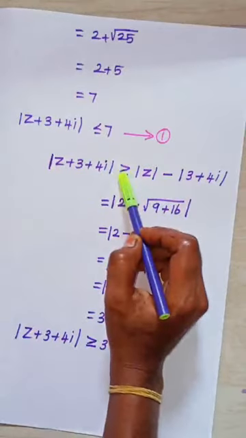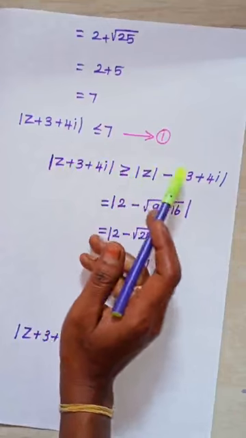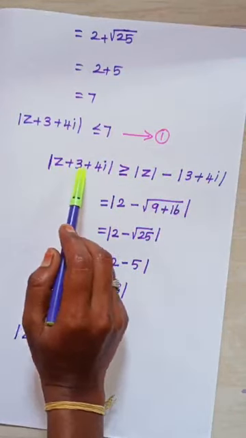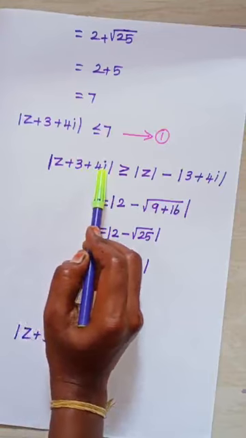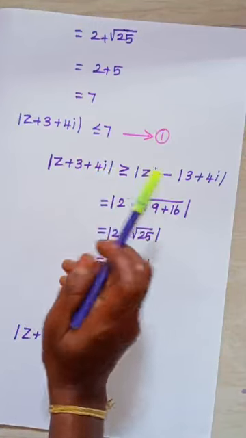Greater than means we use a minus, splitting it into a minus: modulus z minus modulus 3 plus 4i, because we know the property modulus z1 minus z2 is greater than or equal to modulus z1 minus modulus z2.